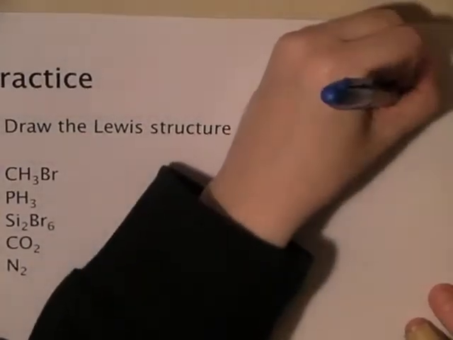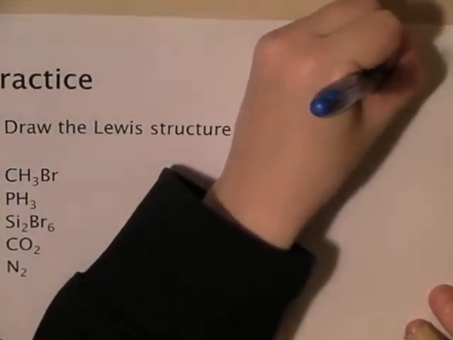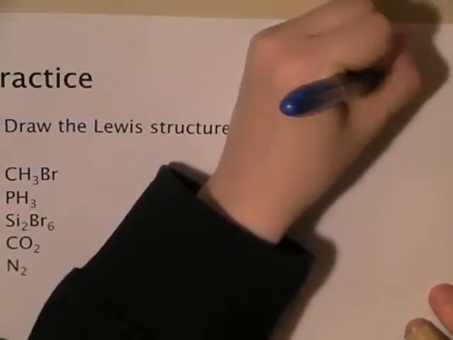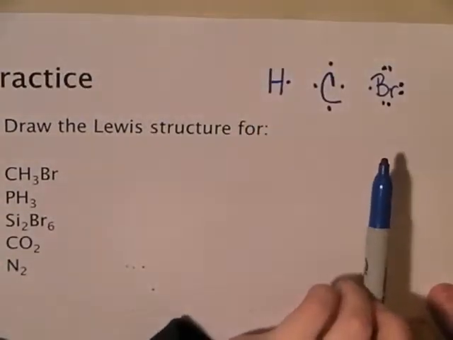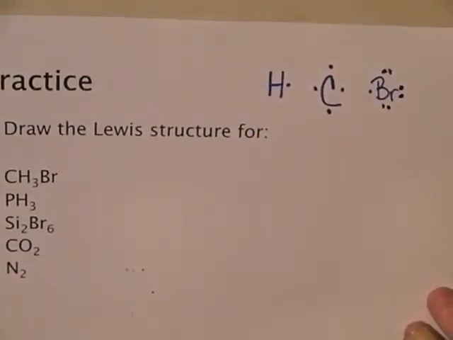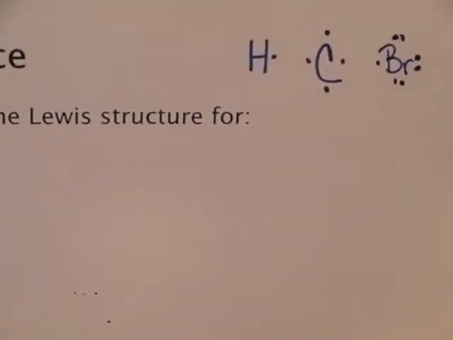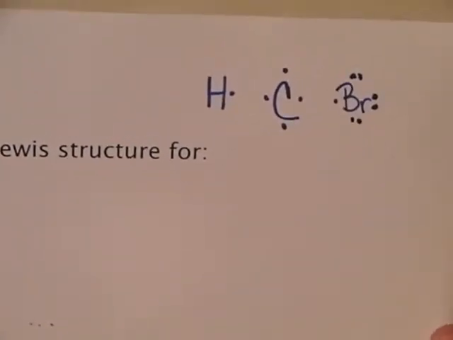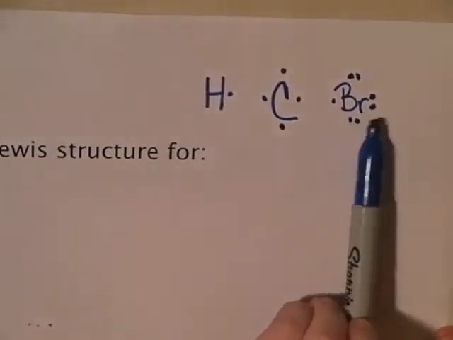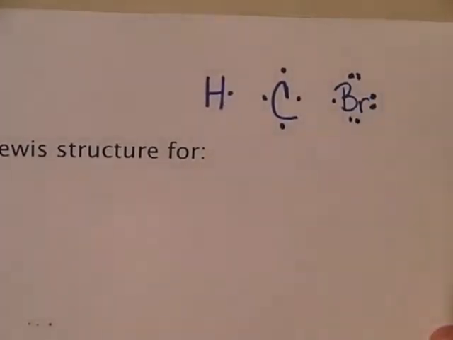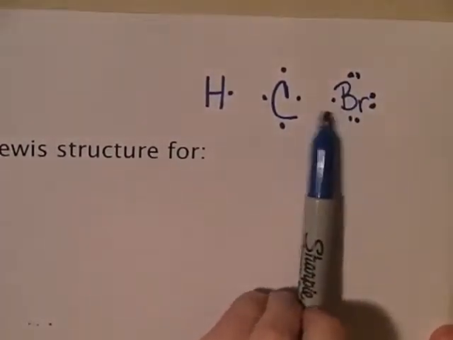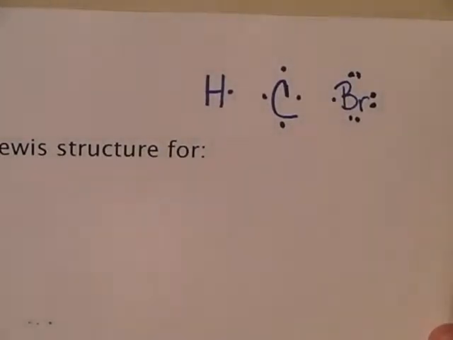If you said 7, your confusion is that you're trying to form a bond from all electrons. Remember, you can't do that with bromine. Bromine's got 7 valence electrons, but notice, lone pair, lone pair, lone pair. You leave lone pairs alone. It only has 1 single electron, so it can only form 1 bond.